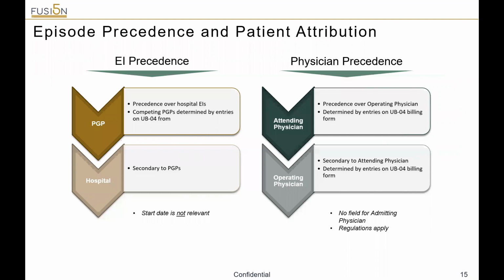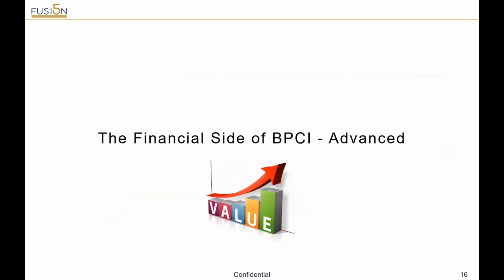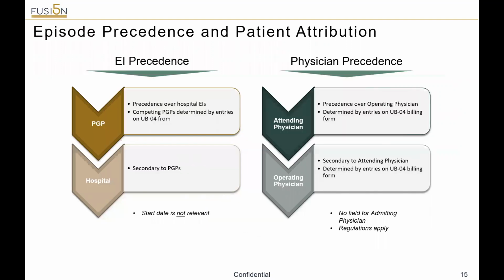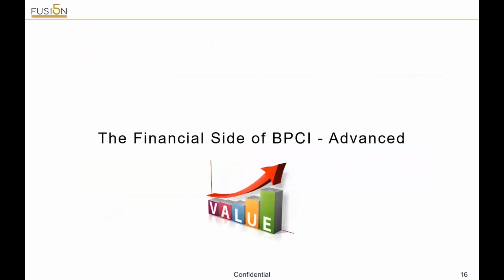And of course, in order for there to be, and I'm going to use the term conflict, but an issue in determining attribution, you have to know not only is that other practice in BPCI, but rather are they engaged in the same clinical episode, because it is by clinical episode that determines precedence.